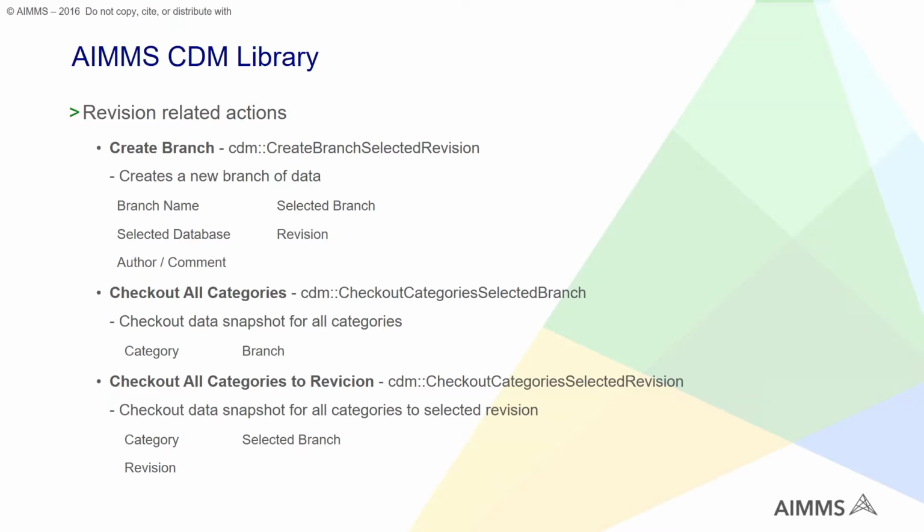Another revision related action is to check out all categories. That statement allows you to pull a complete data snapshot for all branches and all categories. So basically it will get you up to date with the current data repository image. That same action can be done on a particular revision level.